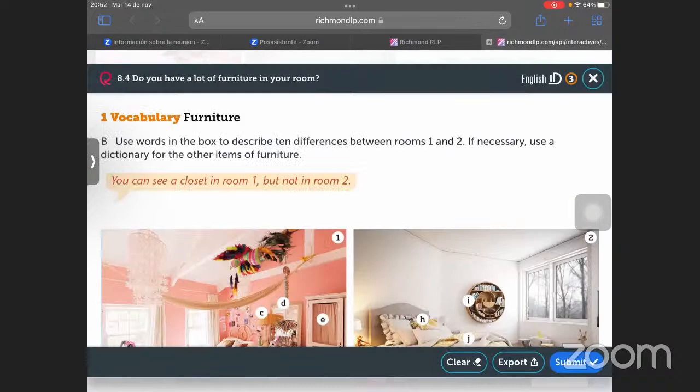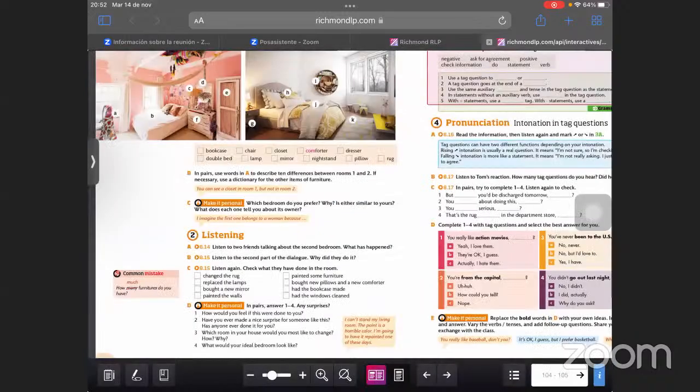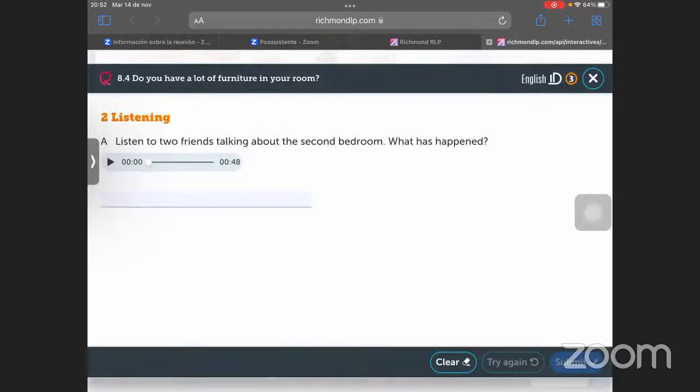Exercise B. Use words in the box to describe 10 differences between rooms 1 and 2. Okay, guys, I don't think we're gonna do this part. I'm sorry. I'm gonna skip to the second part. Listen to friends talking about the second bedroom. What has happened? Are you ready?